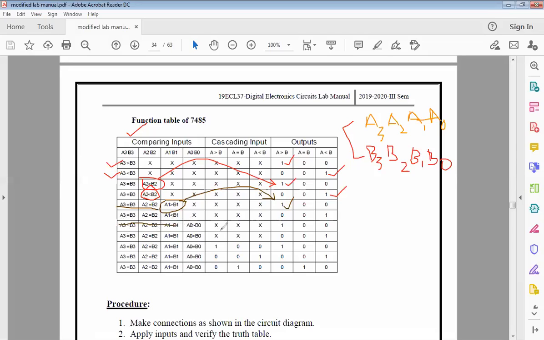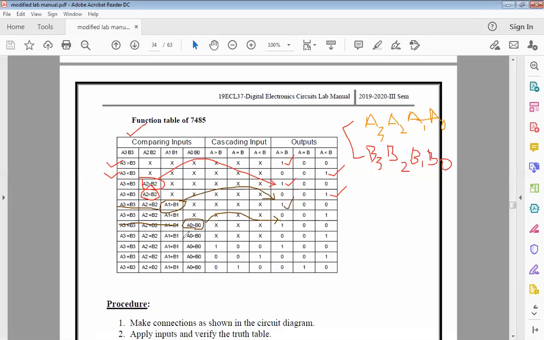So my deciding factor becomes only A0 being greater than B0. My final output depends on A0 being greater than B0, because all the others are equal. When it's equal, how can I say that A is equal to B? I cannot say that. So here A has the upper hand, because A is higher. Ultimately my final output is going to be A greater than B.